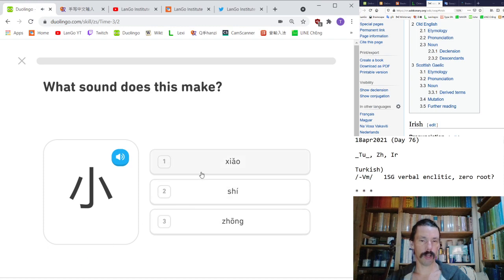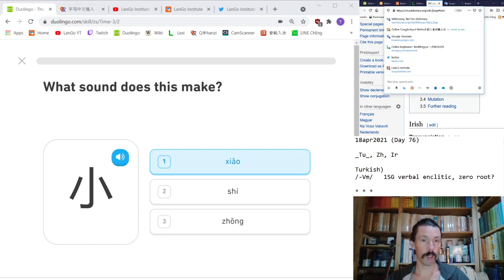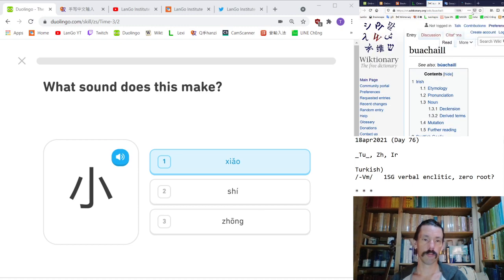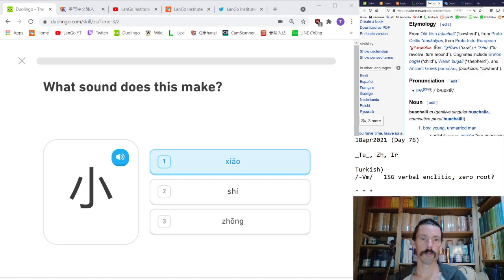Always heard buachaill and cailín have a morpheme in common, an archaic word for child. Not sure if that's true. Well, I think buachaill is an old Indo-European word for shepherd. It sure looks like one. Proto-Celtic boukolios, Proto-Indo-European gʷoukolos, from gʷous, cow, and kʷel, to revolve, turn around.